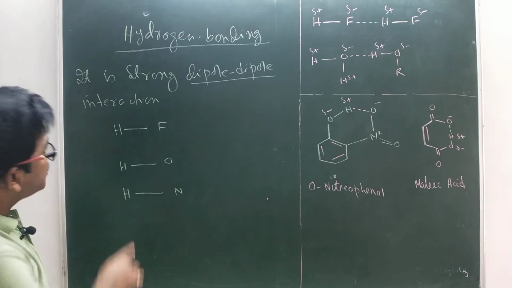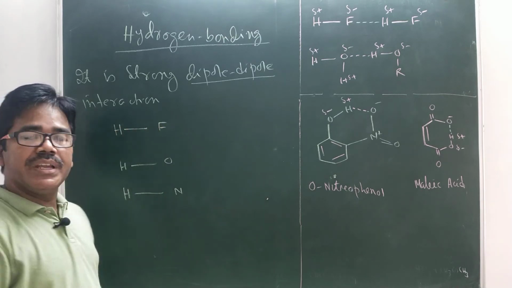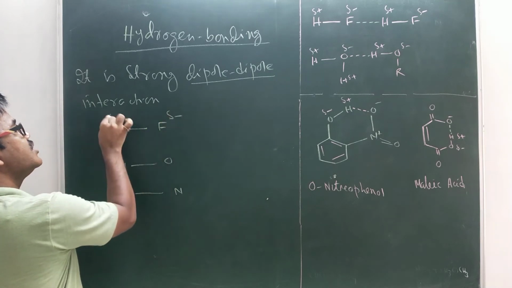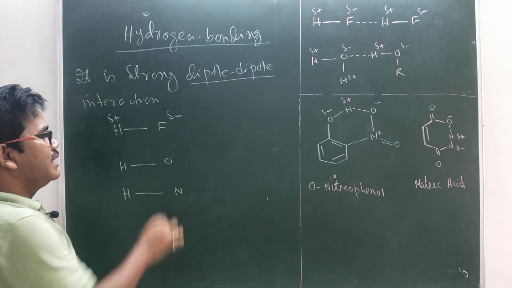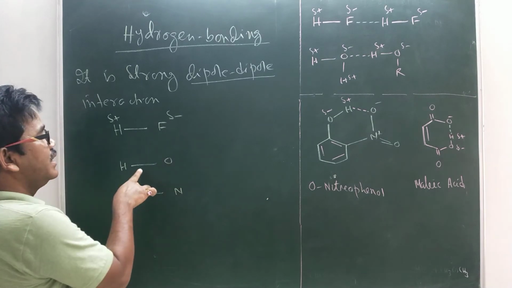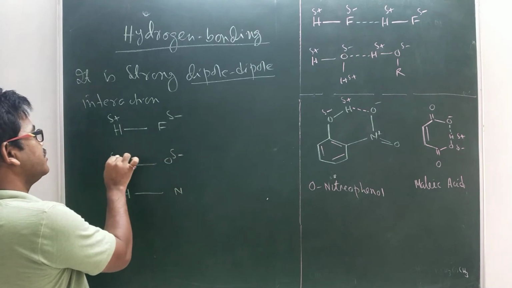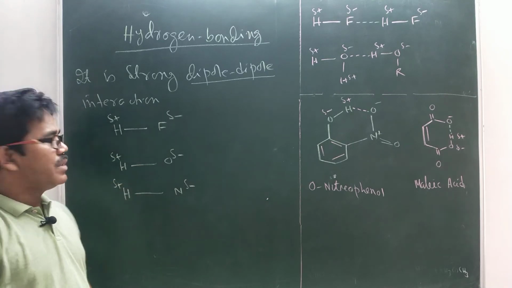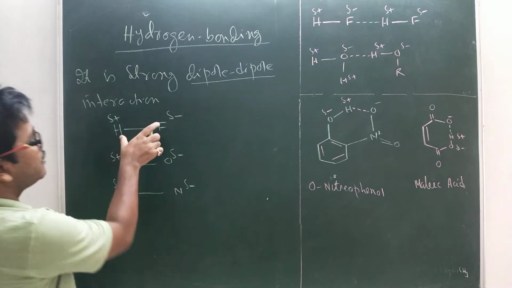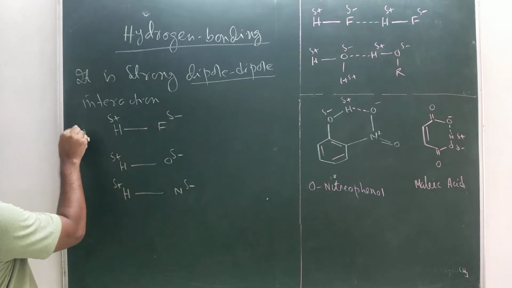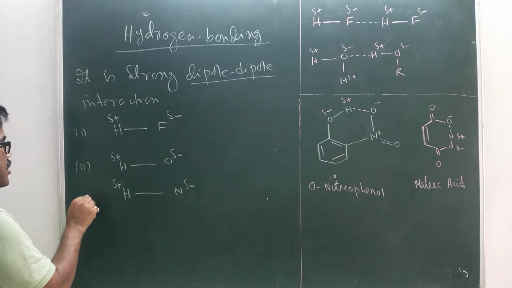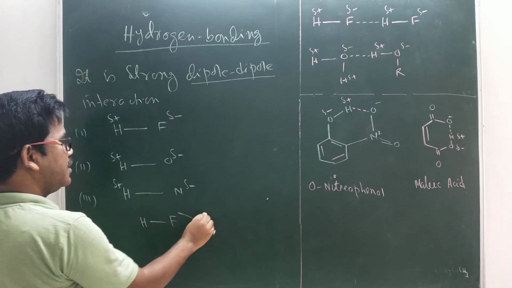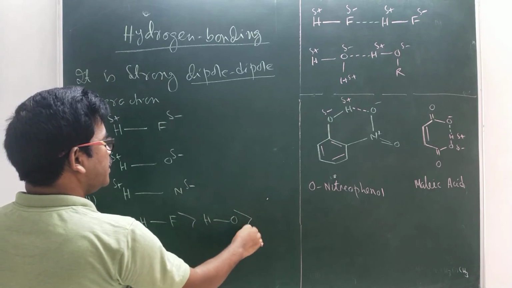Why? Because here the difference of electronegativity is very, very high. Therefore, this is highly negative, this is highly positive. Here also the electronegativity difference is very high. Therefore, this is negative, this is positive. Am I right? But if I see the polarity of the bonds, HF is more polar than HO, then HN.